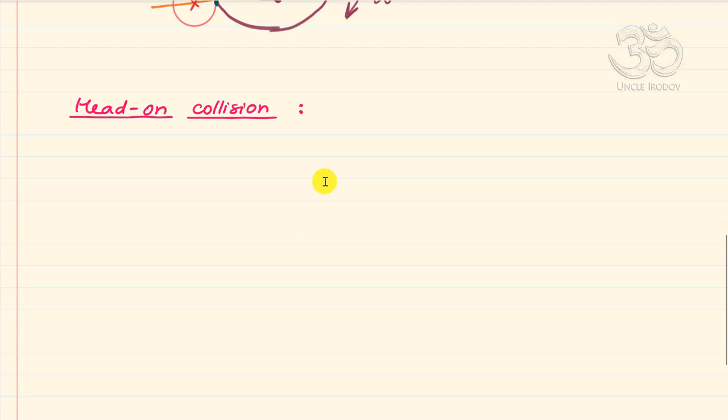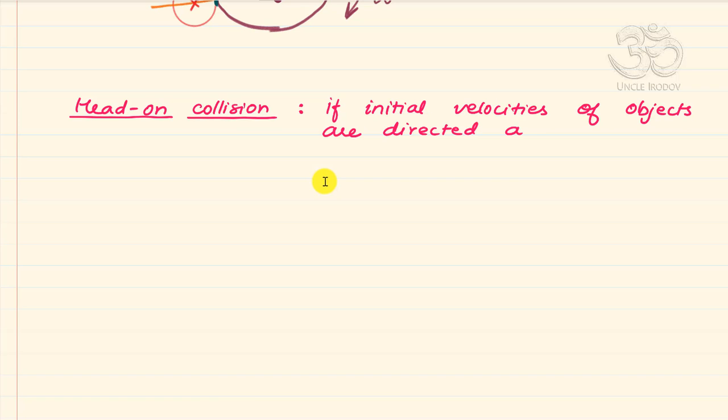So if initial velocities of objects are directed along the line of impact, then it is a so-called head-on collision.